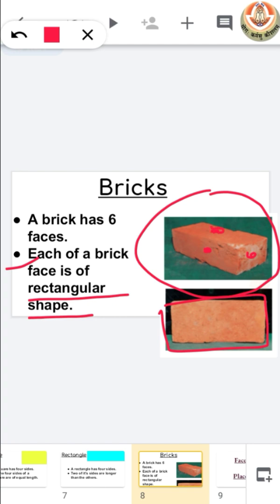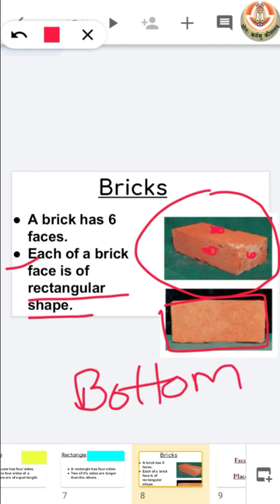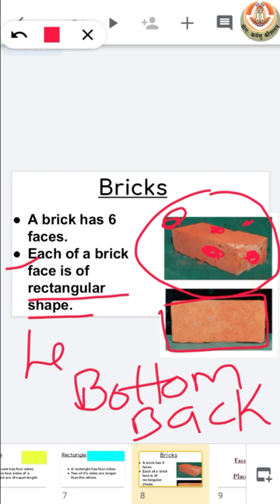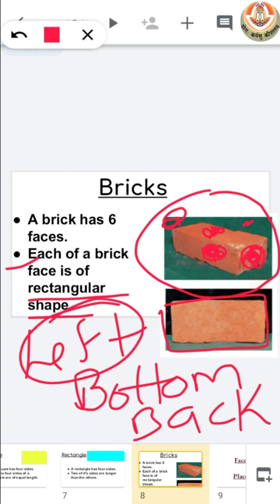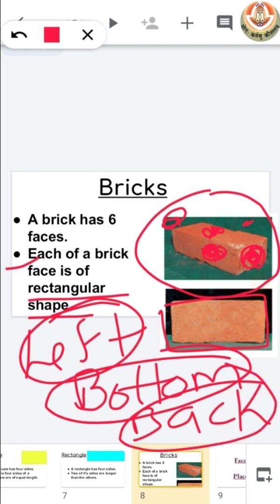Means one is on the top, one is on the bottom, one is on this front side, and one is on the back side. And one is on the right side and one is on the left side. So now count how many faces it has. 1, 2, 3, 4, 5 and 6.